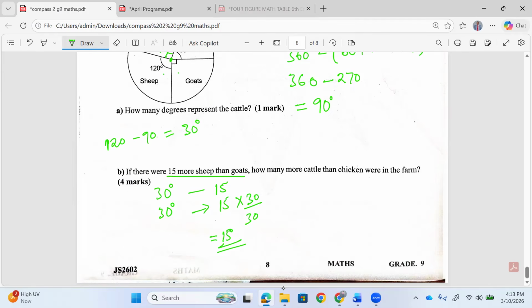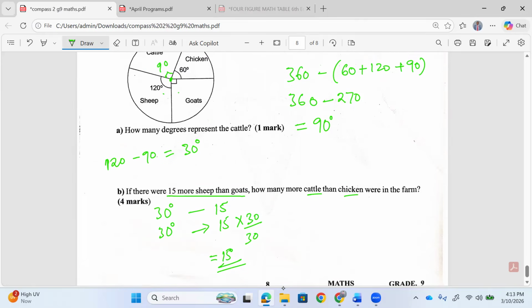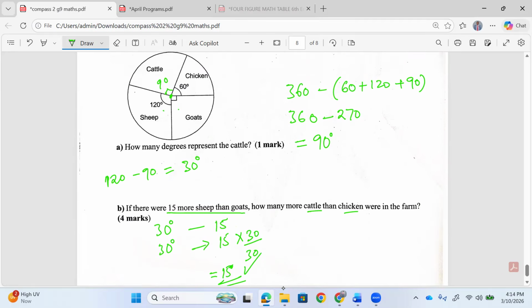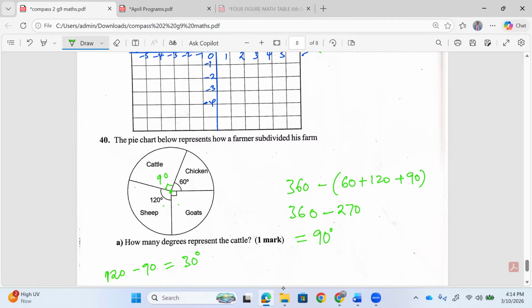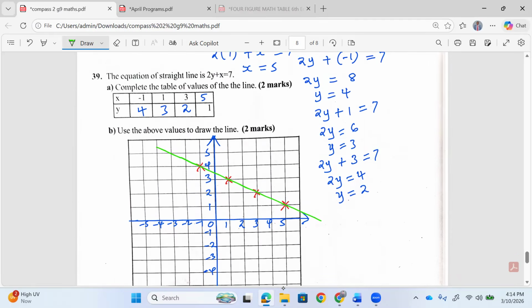And again, cattle are ahead of chicken also by 30 degrees. That means proportionally, 30 degrees, which is the difference between cattle and chicken, shall also be 15 animals. So we have 15 more cows than chicken. A very good question and generally a very good paper.